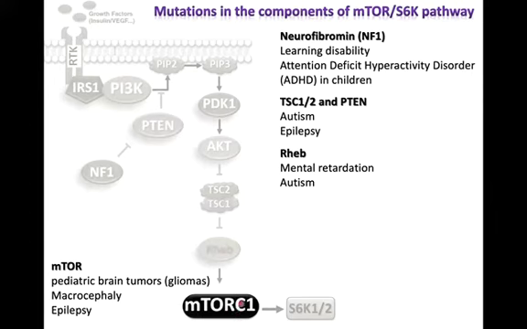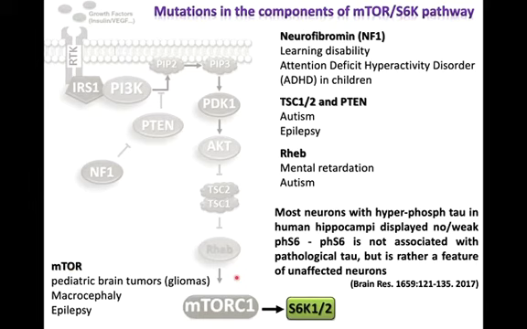So what's mTOR? mTOR is the mammalian target of rapamycin. That's the name and initials. It was found that it is involved in pediatric brain tumors like gliomas, and in macrocephaly and epilepsy as well. Most neurons with hyperphosphorylated tau, an important protein, which upon hyperphosphorylation in human hippocampi, display weak or no signal of phosphorylated S6. So what's S6?